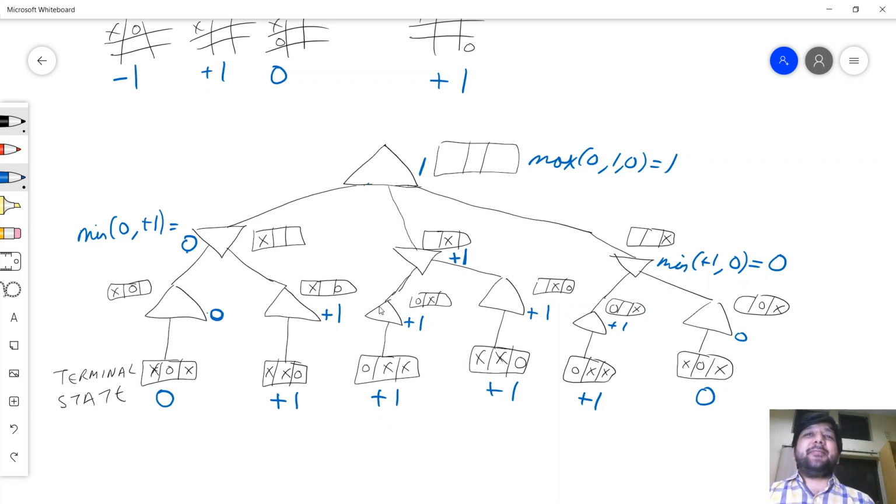So let's see how this game will proceed. Max will definitely select this branch. It has the highest returns out of 0, 0, and 1. Max is going to play this move. Unfortunately for Min, if it plays this, it loses. If it plays this, it loses. It's already lost. So let's say Min plays this.